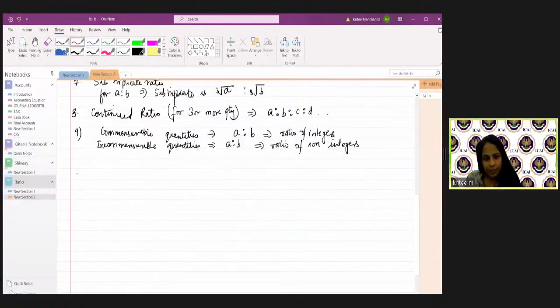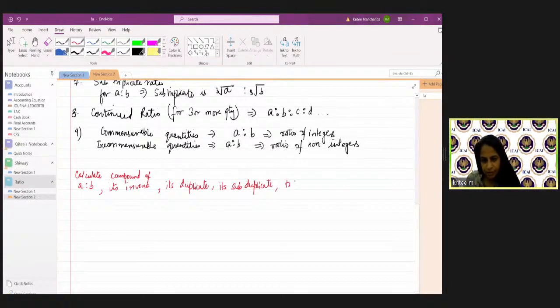Try to calculate the compound of A is to B, its inverse, its duplicate, its subduplicate, triplicate, and subtriplicate. Though it is going to be a very simple answer, let's try this.